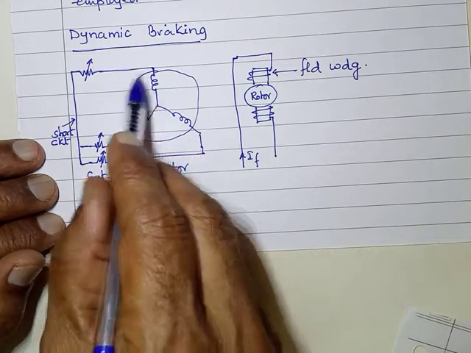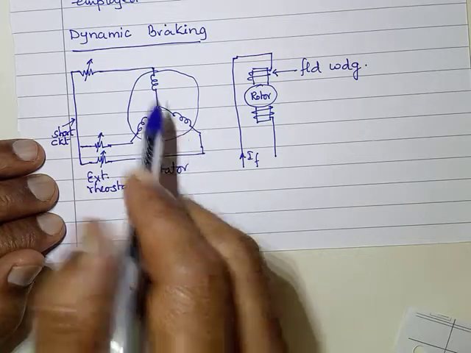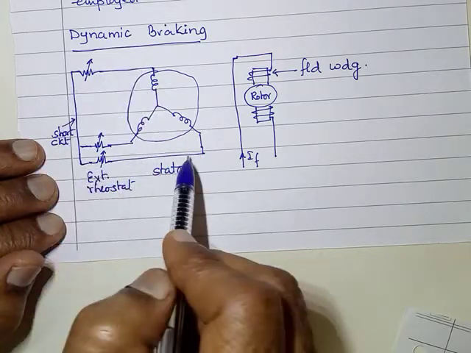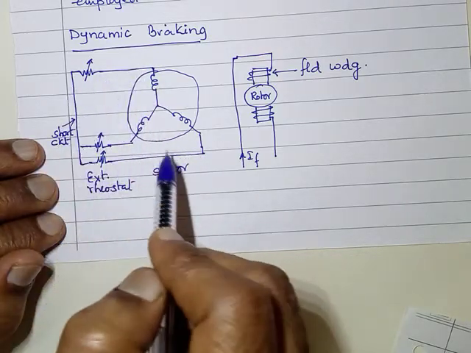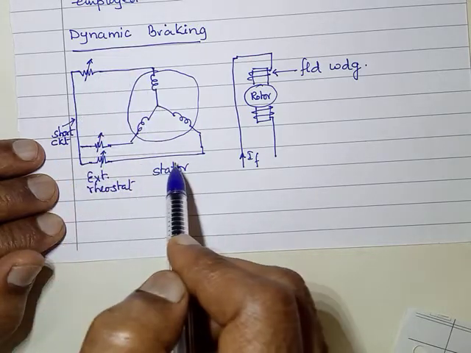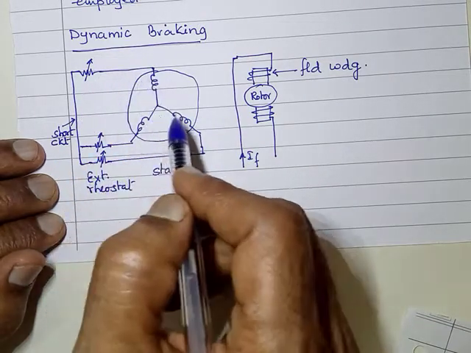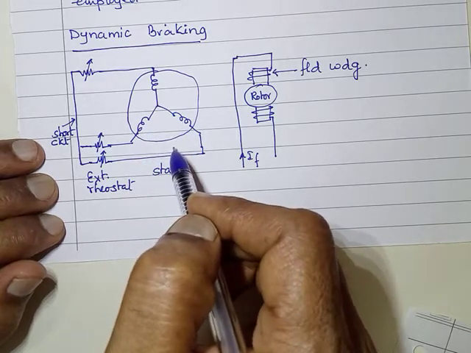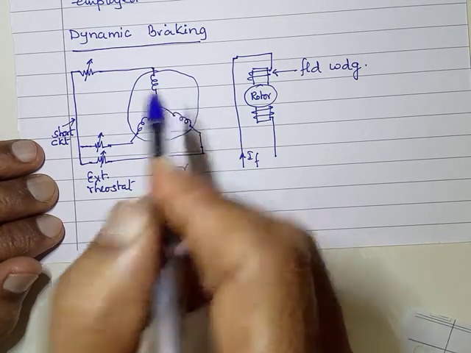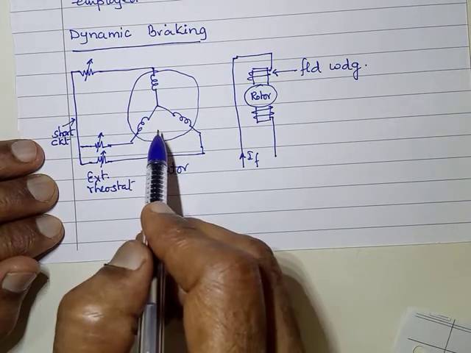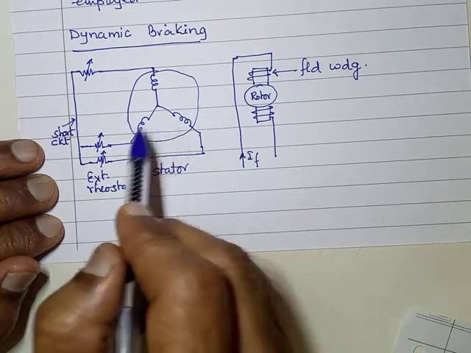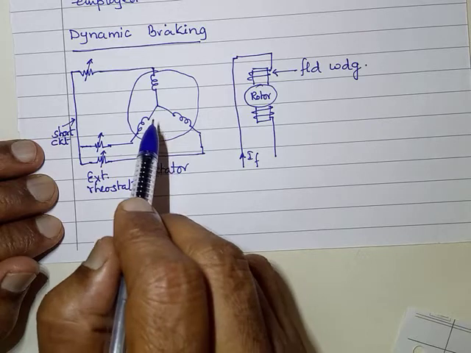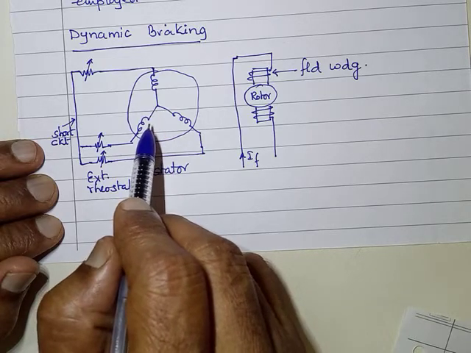As a result, a current starts flowing here. Actually, the very idea of short circuiting is to provide the closed loop. The current starts flowing, and this current flowing through the windings will result in I square R loss, and that I square R loss, the power is dissipated, that energy is lost.